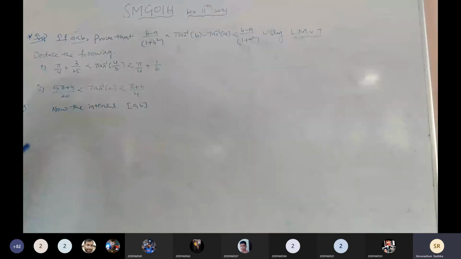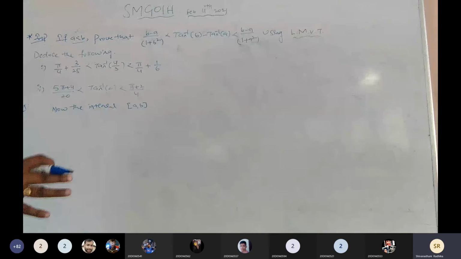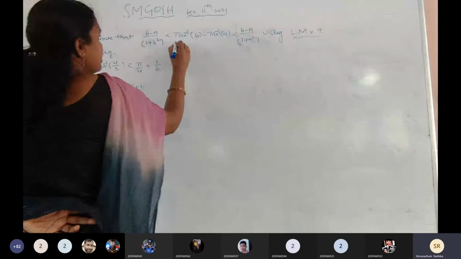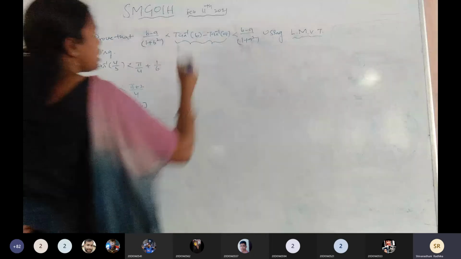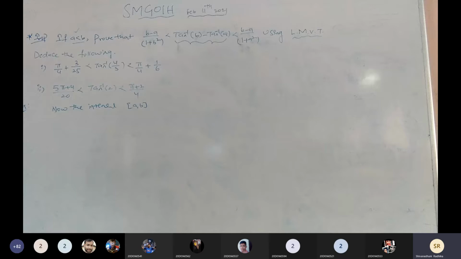So what is the function? Whether the problem is to verify Rolle's theorem, Cauchy's theorem or Lagrange's theorem, compulsorily we must have one function. We take the function from the middle term of the given inequality.